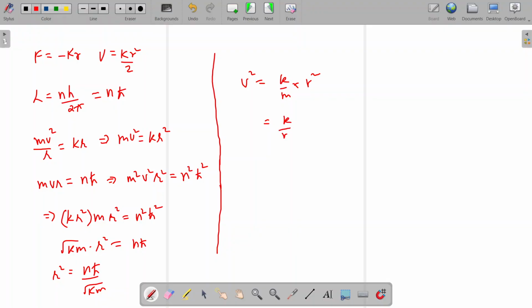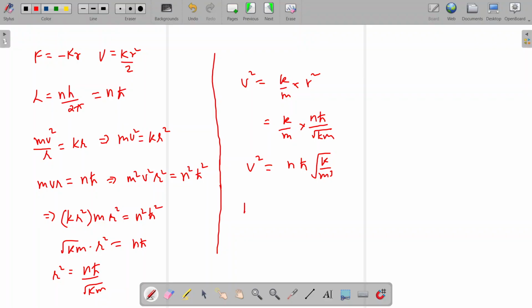So k by m into n h prime divided by square root km. So this is n h prime square root k divided by m cube. This is v square. This is the complete expression which we are looking for v square as well.